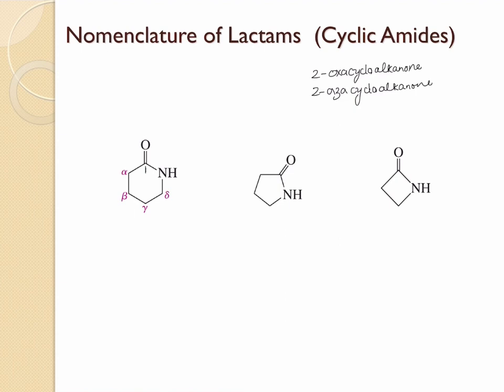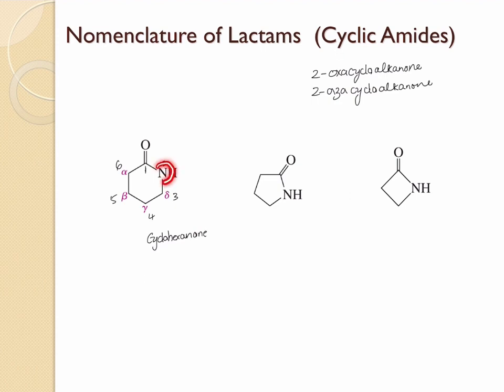This carbon right here would be 1 and this nitrogen would be 2. So you have to go in the direction where the nitrogen is present. And this would be 3, 4, 5, 6. It has a total of 6 atoms. Remember, it's not the number of carbons. Instead, it's the number of atoms present in the ring. So since it has 6 atoms in the ring, it's going to be a cyclohexanone.